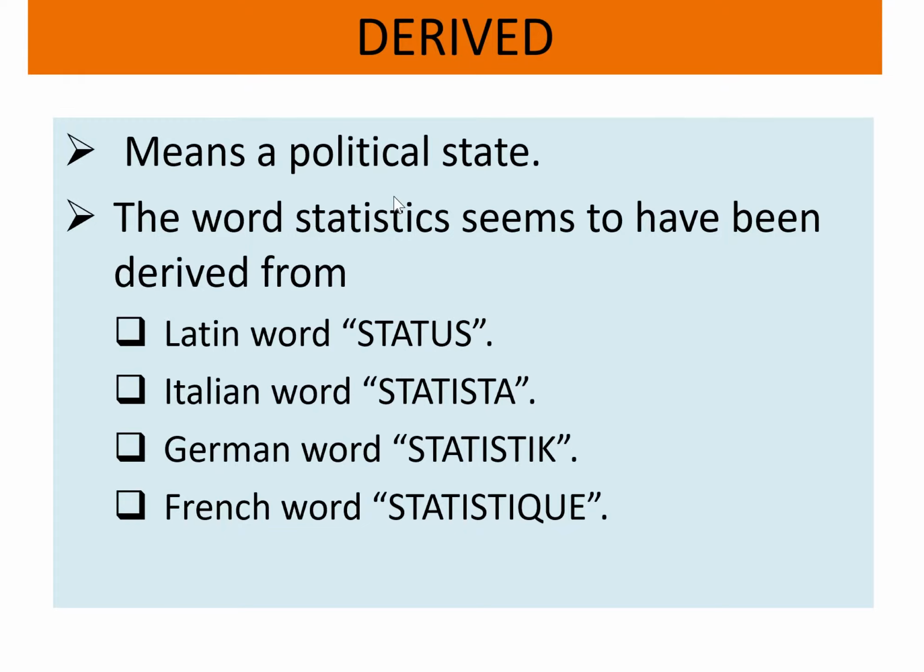That was limited, which is why the word meant a political state. The word statistics seems to have been derived from the Latin word status, the Italian word statista, the German word statistik, and the French word statistique. This is the derivation part.